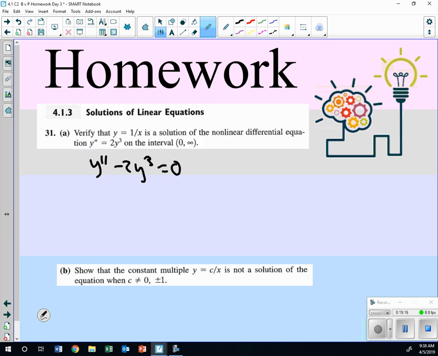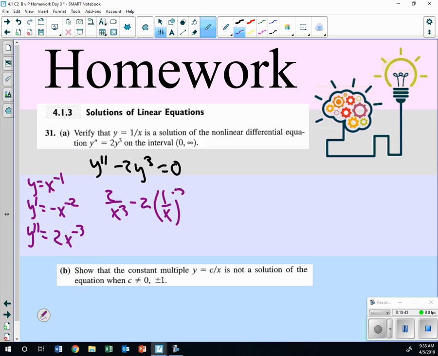And then verify that 1 over x is a solution. So all you have to do, this is old news, is x to the negative 1, y prime is negative x to the negative 2, y double prime is 2x to the negative 3. So you put those in: 2 over x cubed minus 2 times 1 over x cubed.